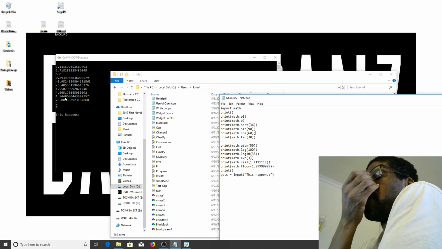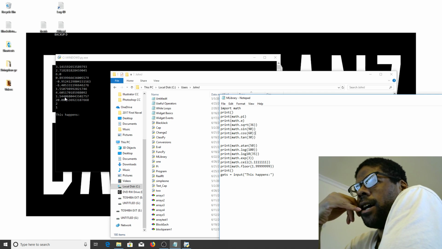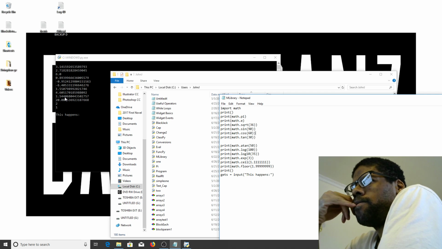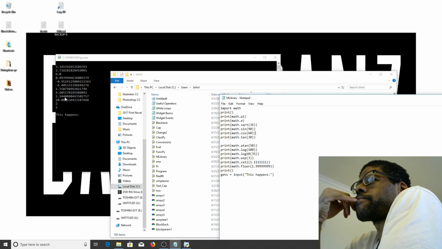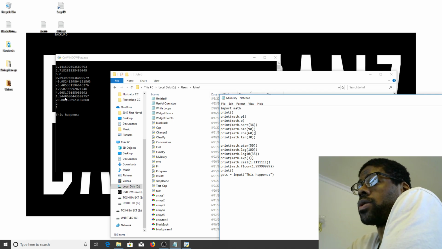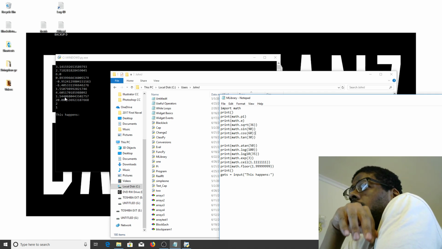So I think that from the definition of logarithm, it is: what would have to be the exponent if your number was a result of multiplying 10 by an exponent? What would have to be the exponent? I think that's the definition of logarithm.